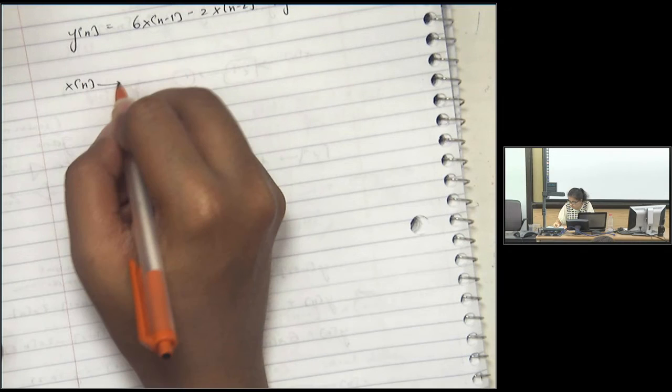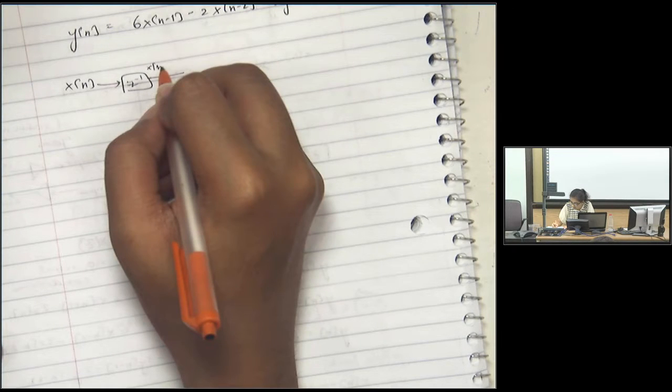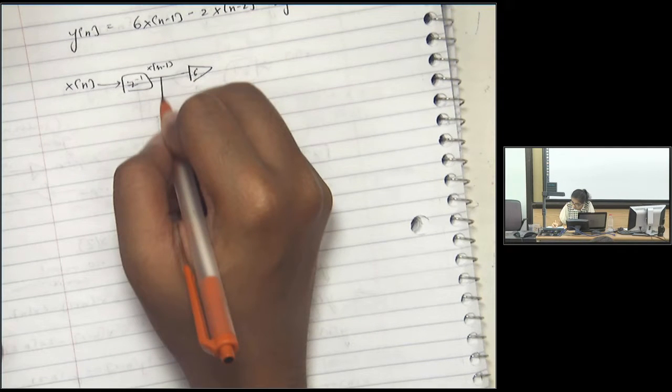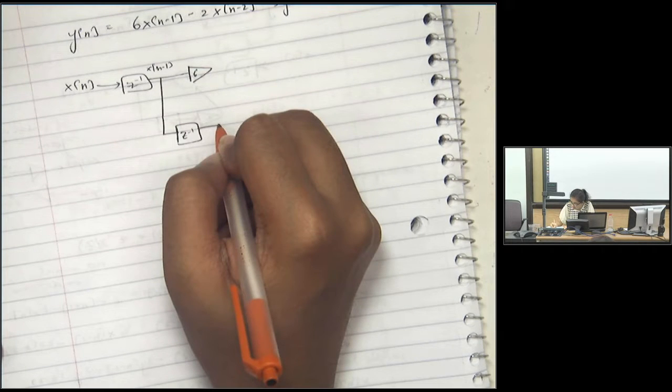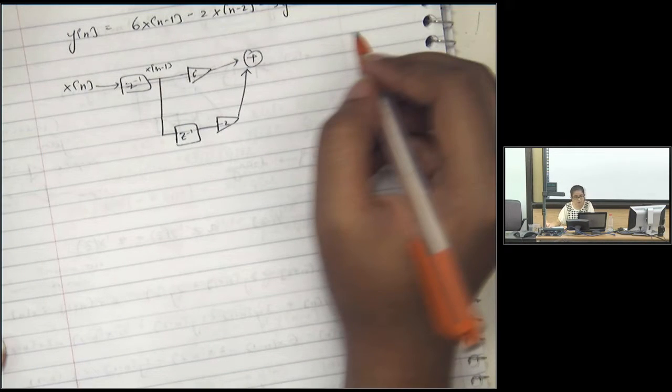Yeah. So again, I have x of n. I can delay it first. So here my output will be x of n minus 1, right? So one branch will be multiplied with 6. Another branch will go out, get delayed again, and then get multiplied with minus 2. And all of this gets added. Okay? Similarly, you can do on the y side.